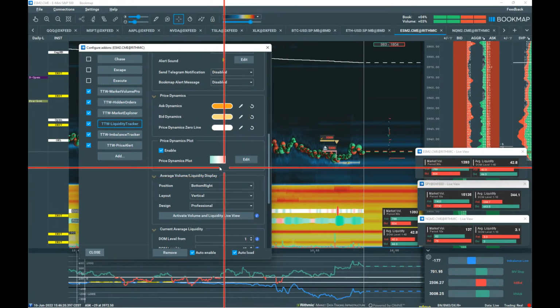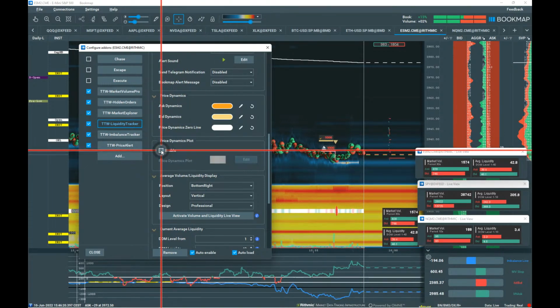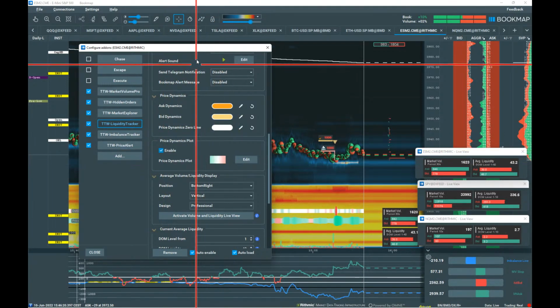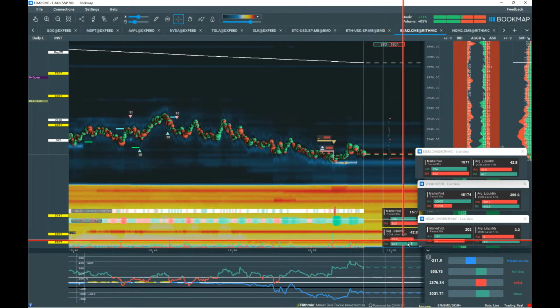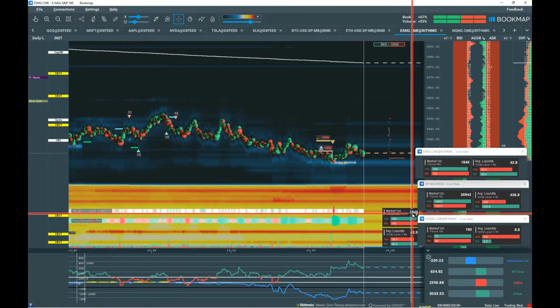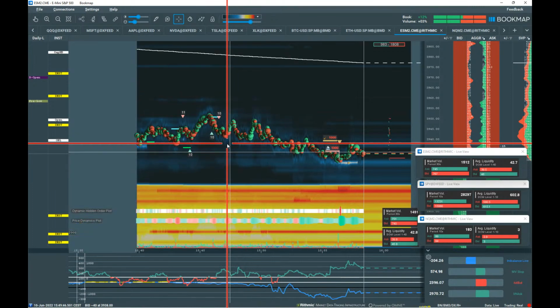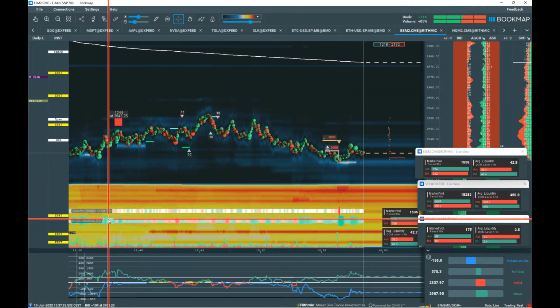and as well we have a price dynamics plot. We have enabled a price dynamics plot here. The idea behind it was to give you an idea how much the market is trading, what the liquidity is, what the market volume is, and we added as well a price dynamics plot at the bottom of this chart.